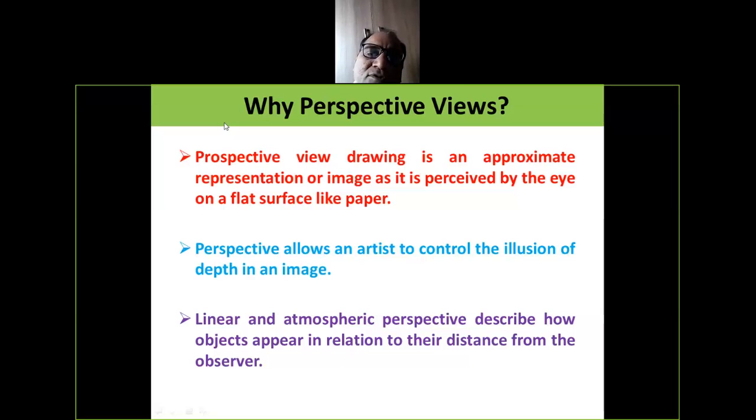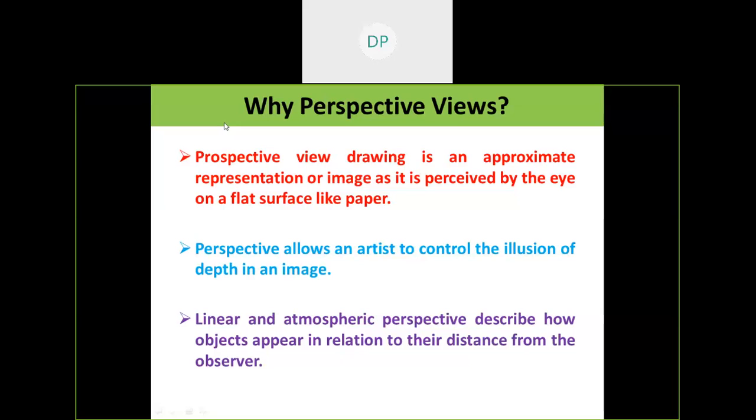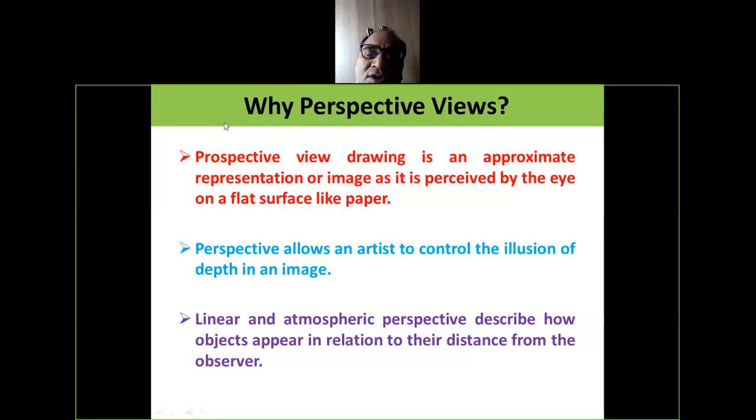Linear and aerial perspective describe how objects appear in relation to their distance from the object, meaning how the object will appear from the distance by which the observer has seen that object.